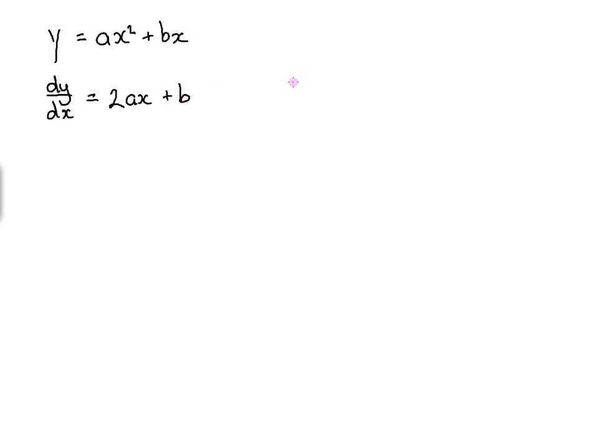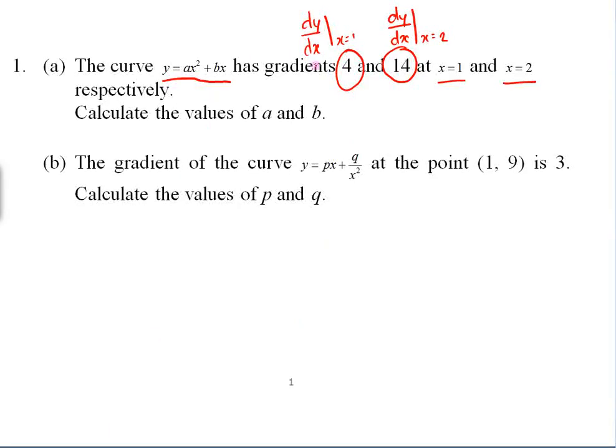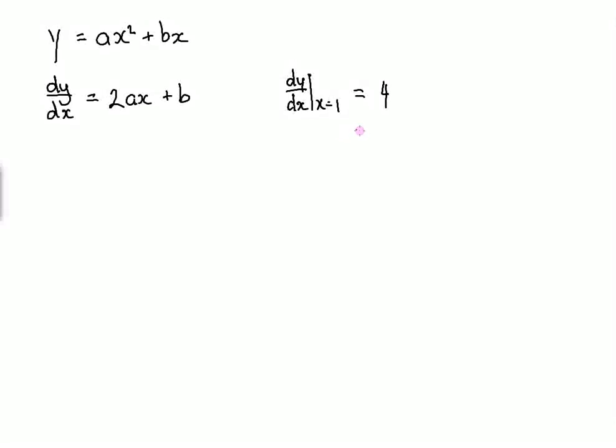And we know dy by dx at x equals 1 is going to be 4 from our original equation, a gradient of 4 at x equals 1. But this is also equal to, and we can substitute 1 in here, 2a plus b.